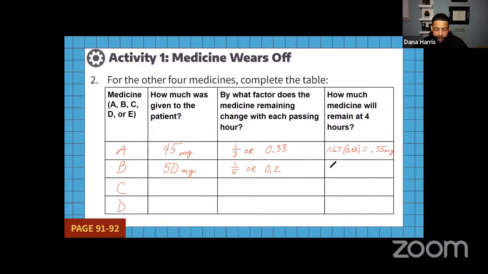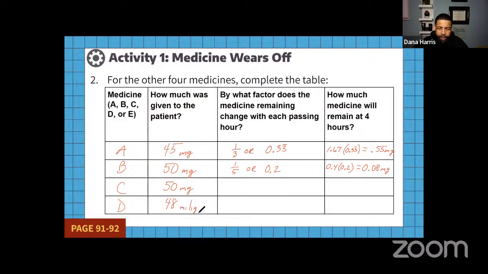Okay, if I do the same thing here, that value that I had for 3 was 0.4. And if I multiply that by 0.2, I get 0.08 milligrams.